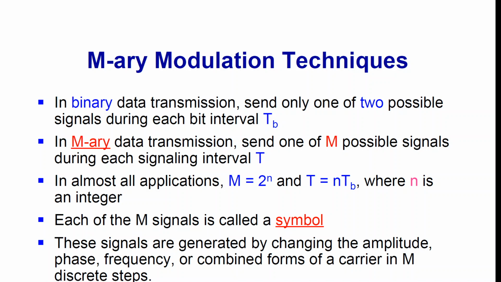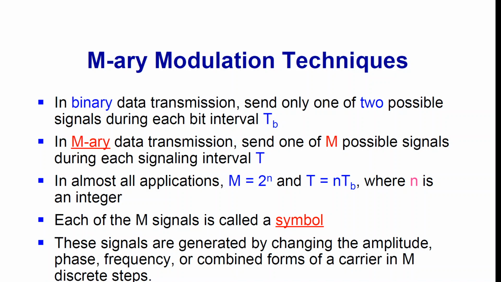But in M-ary data transmission, during each signaling interval capital T, we will send one of M possible signals, capital M possible signals. So these M possible signals correspond to M different inputs. Each of these M signals is called a symbol.